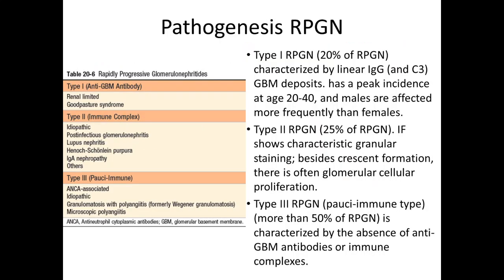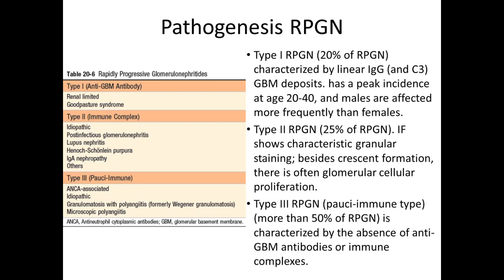Pathogenesis of subacute or rapidly progressive glomerulonephritis always includes these three types, and the most characteristic feature of the first type, for example, is the development of linear immunoglobulin G glomerular basement membrane deposits.